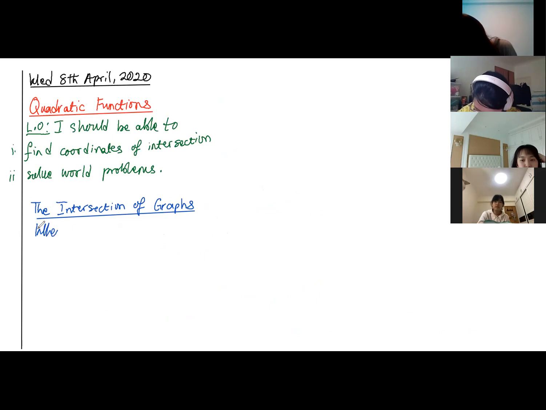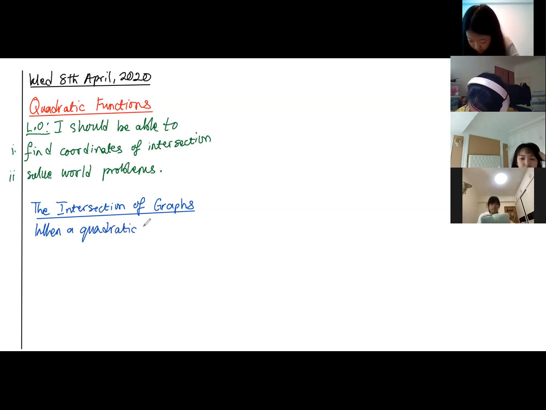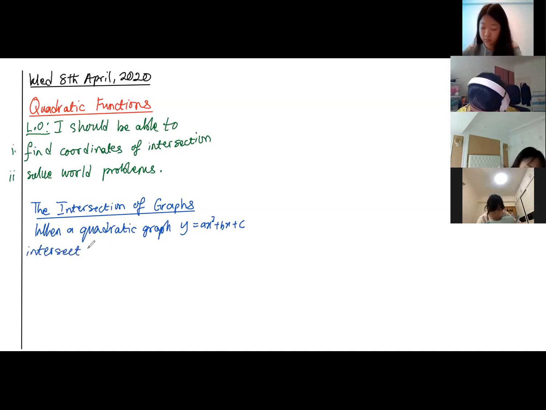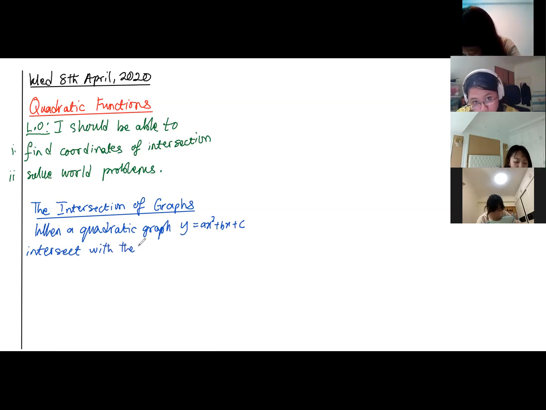When a quadratic graph y equals ax squared plus bx plus c intersects with the line y equals mx plus n, or should I say ax plus, I don't want to use ax plus b again.